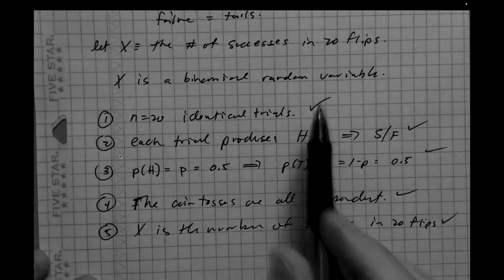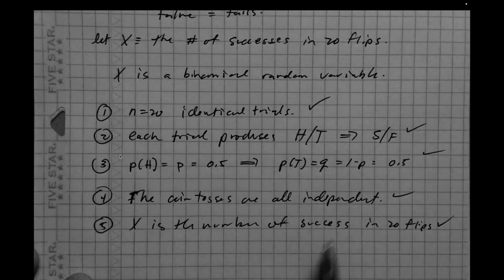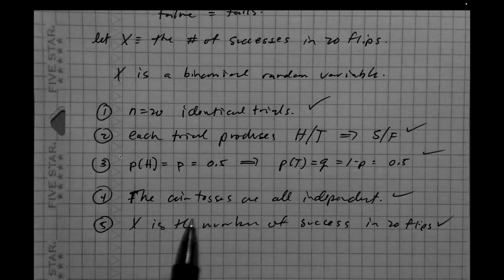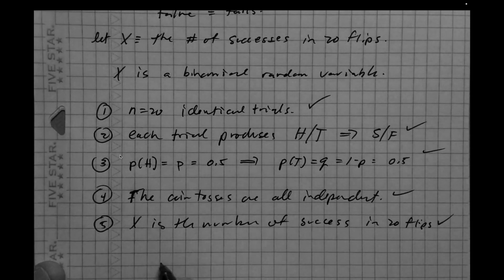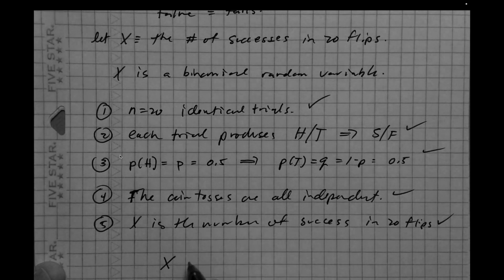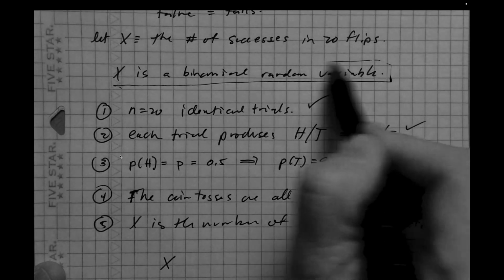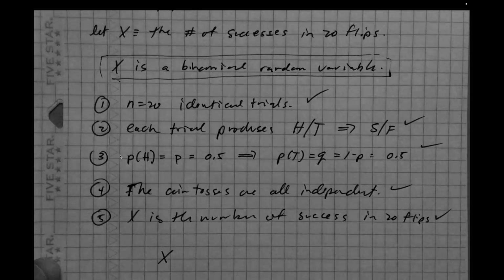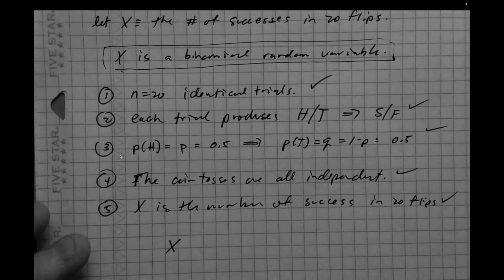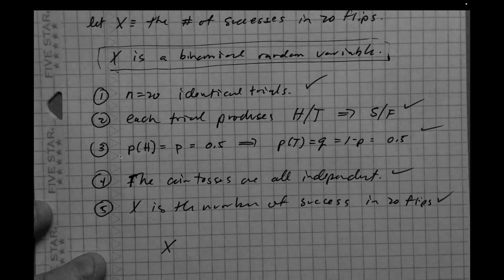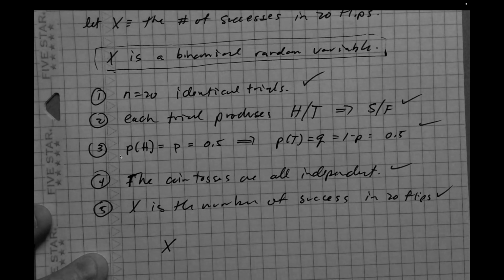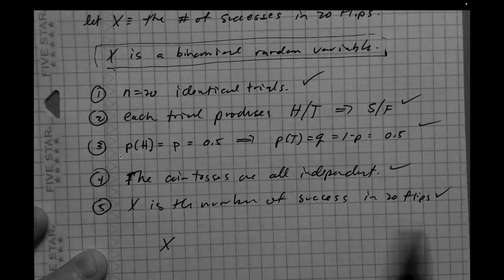So these 5 requirements are all met by our scenario of flipping a coin 20 times. And so we would say that x is a binomial random variable. We already wrote it up here, actually. And so what we'll frequently do is denote the distribution of x, in the sense that it's a binomial distribution, with the following notation.